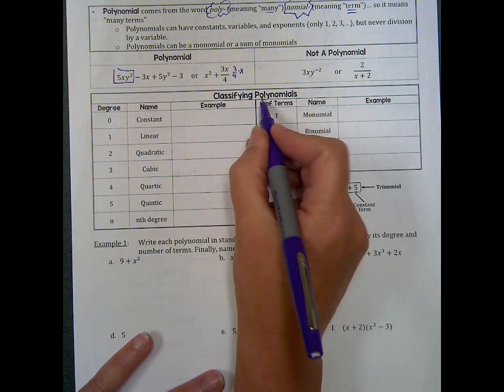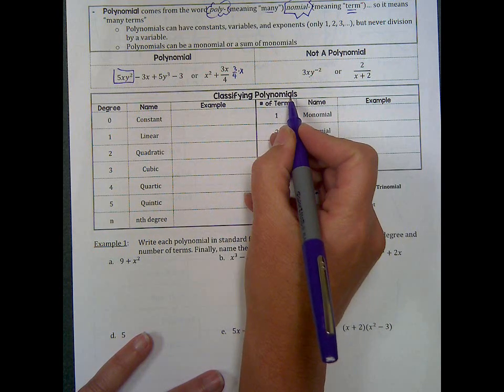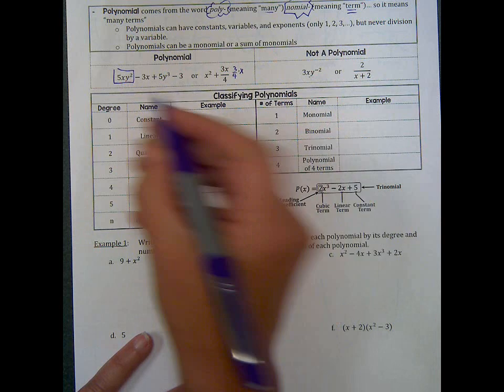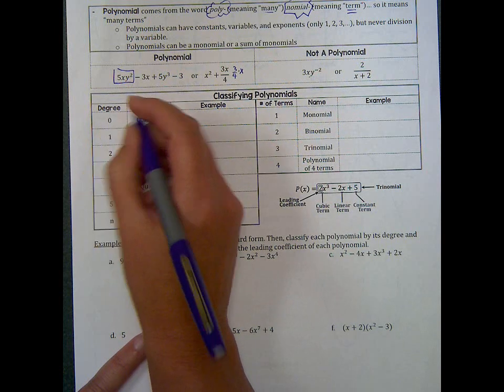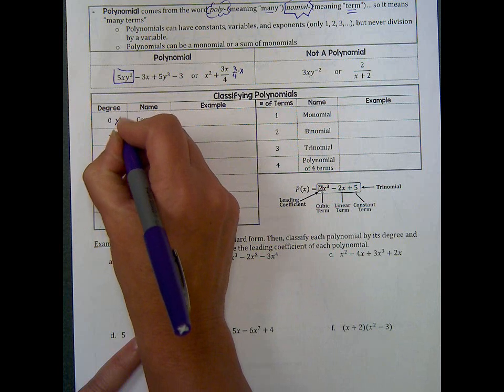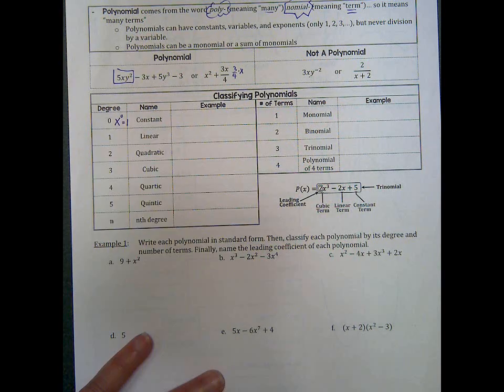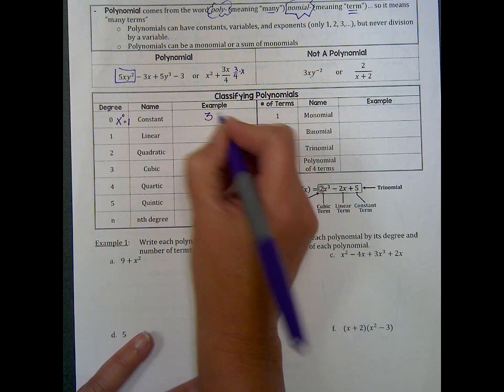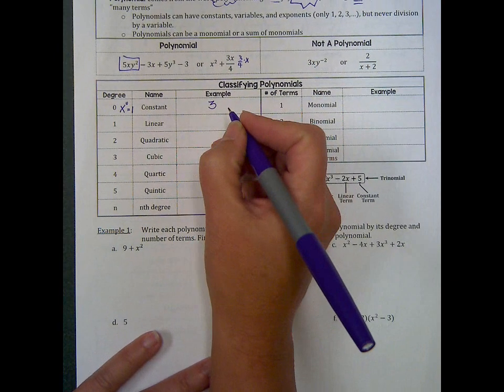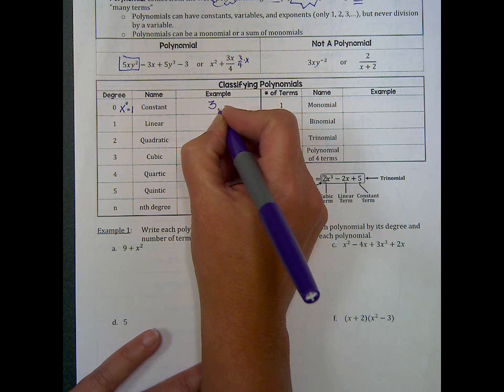But if it's a polynomial in just x, for instance, if its highest degree, meaning its highest exponent, is 0 for that x, and we know x to the 0 is just 1, we call it a constant, like the number 3. That is a type of polynomial because it's the same thing as 3x to the 0.